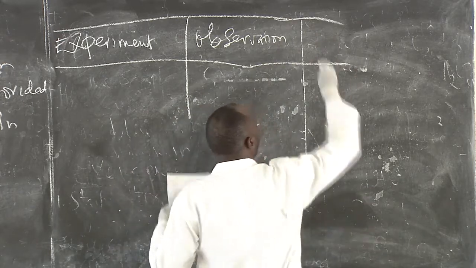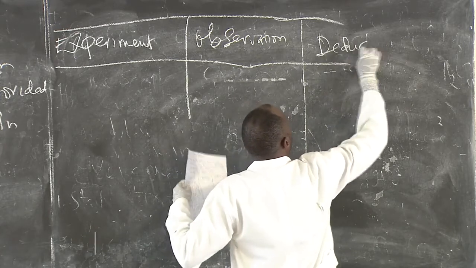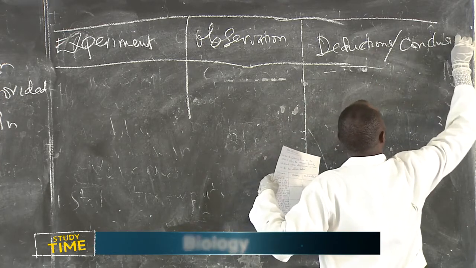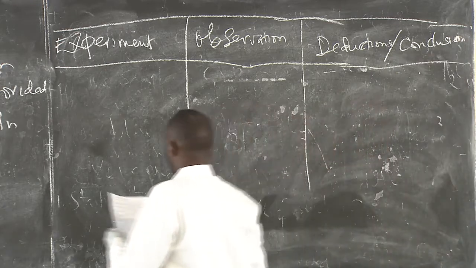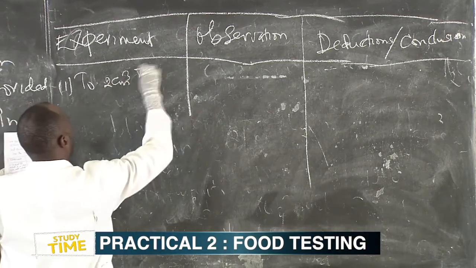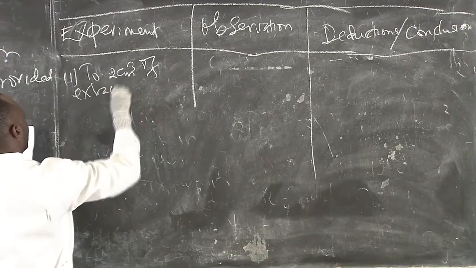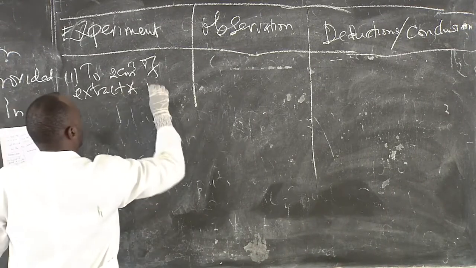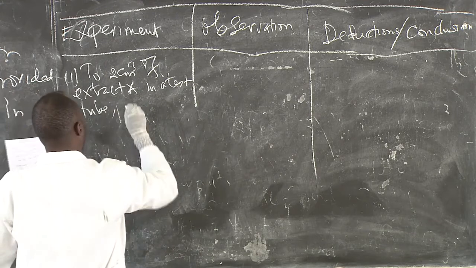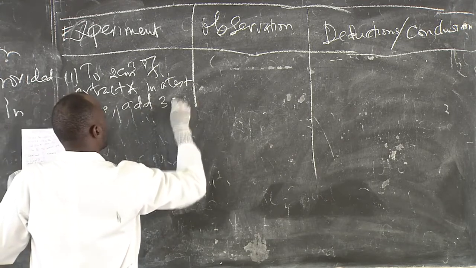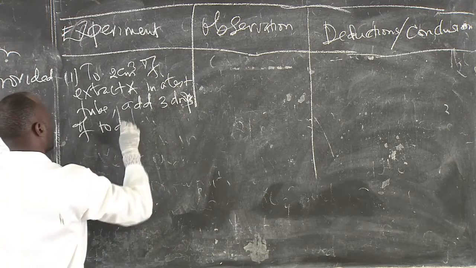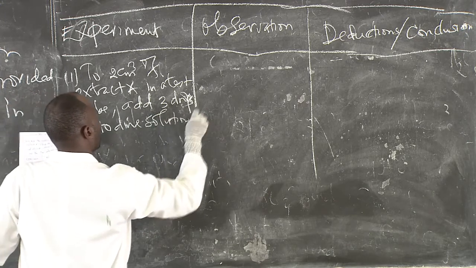And here, the third column, we have deductions or conclusion. Roman 1: add 1 to 2 centimeters cubed of extract A in a test tube, then add 3 drops of iodine solution. I think we did the test of starch at the beginning.